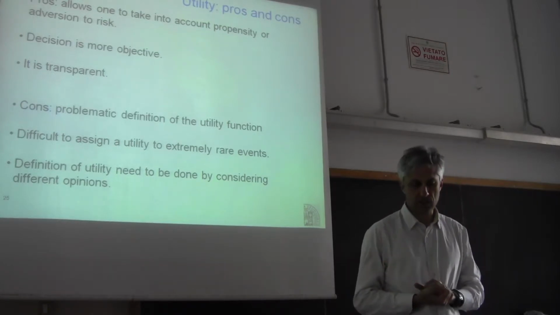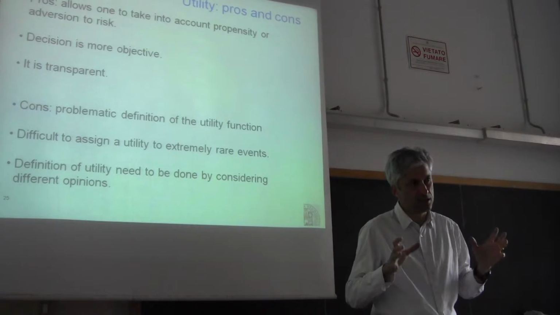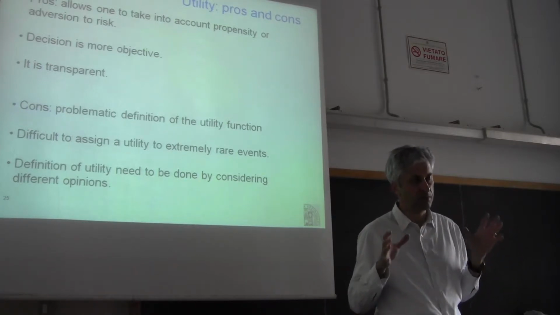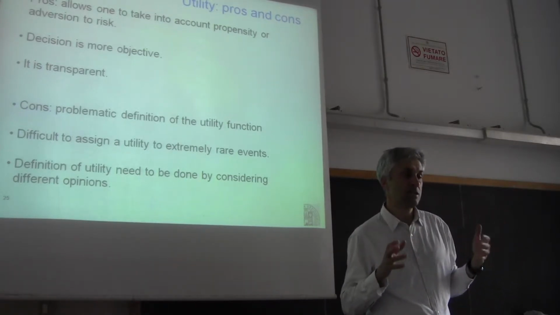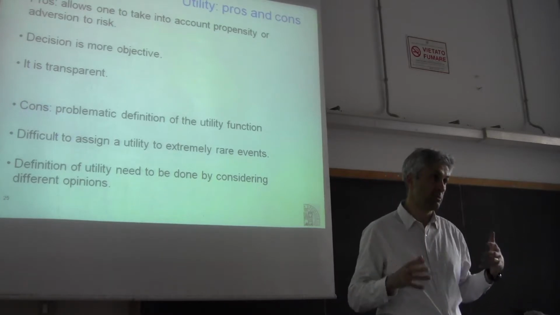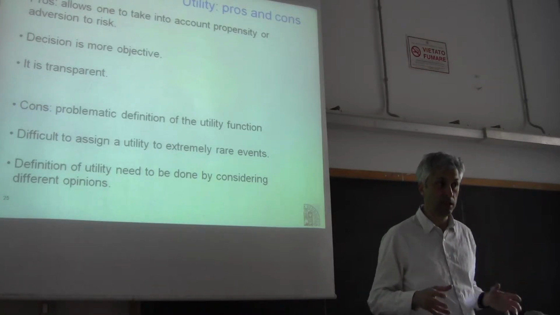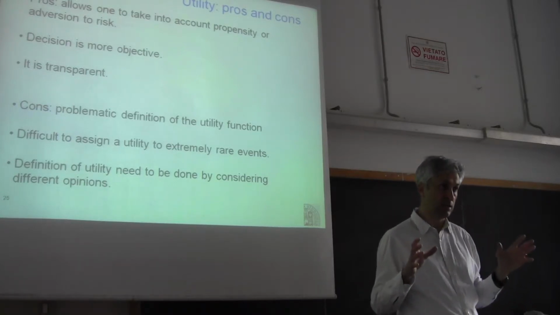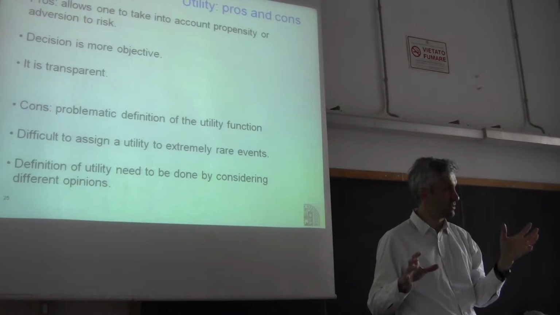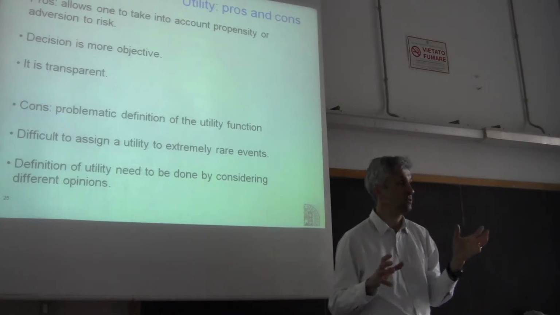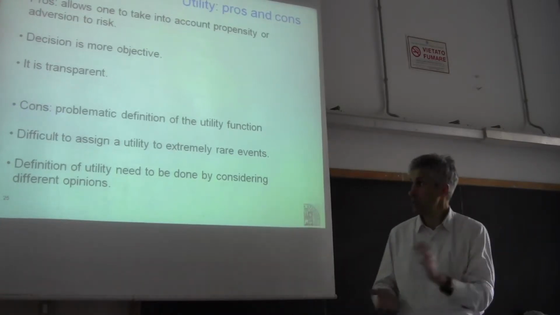So this is something that helps us, but still you have to be very careful when somebody asks you to take a decision with respect to an event that is very extreme. You have to realize that you may not have sufficient information that allows you to make an informed decision and a wise decision.